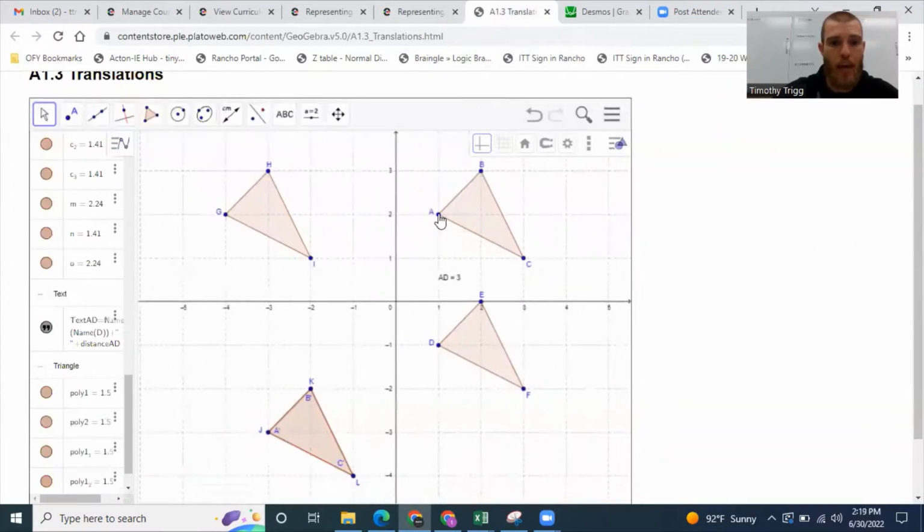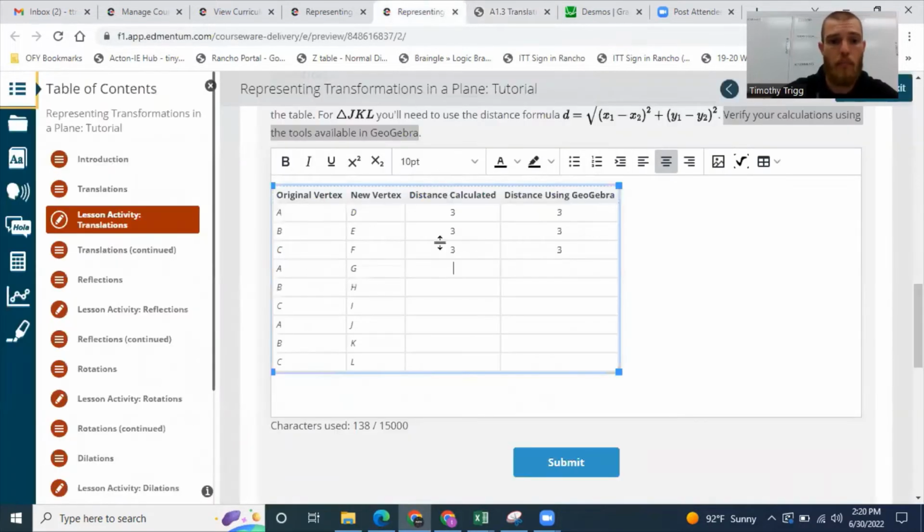Going from point A to point G, how much is that translated? Well, 5 to the left, right? So the distance there is 1, 2, 3, 4, 5 units. Simple as that. And it'll be the same for the rest of this triangle, from B to H and from C to I, because the entire shape was translated 5 to the left.